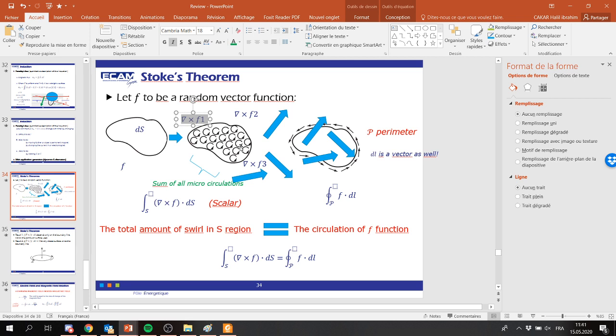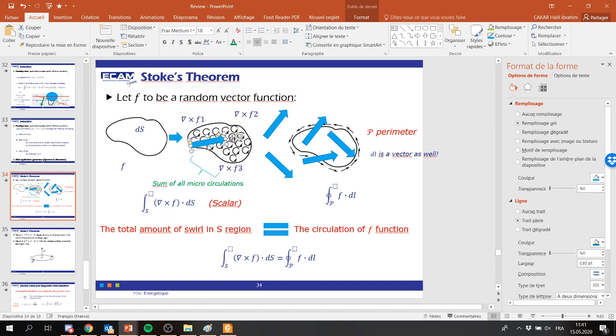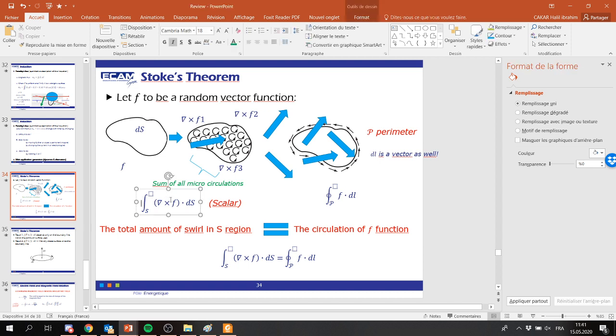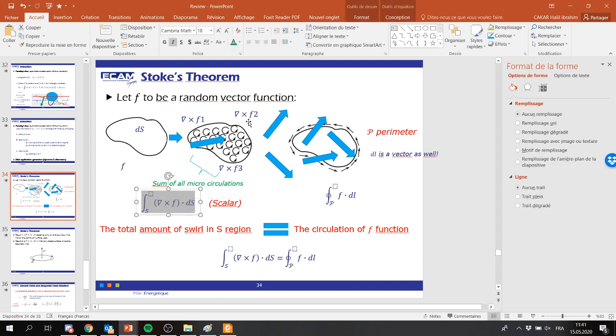This is the first method to calculate the total water flow change in the fish farm. Finally, there will be billions of these curls in the predefined area, and after I sum up all those small pieces, this will be the curl of the water flow function in the defined surface.